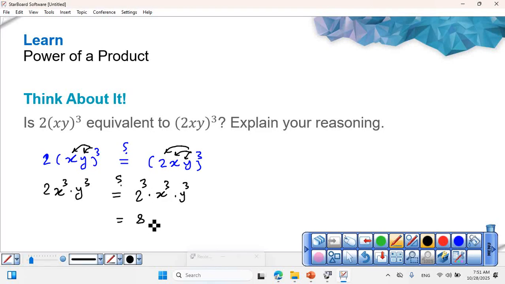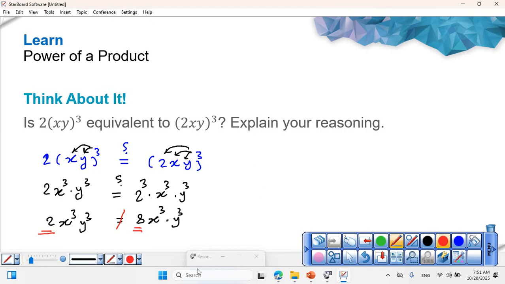This is 8x to the power 3 times y to the power 3. The first side here, 2x to the power 3, y to the power 3. I think it's not the same, isn't equal. Why? Because we have 8 here, but we have 2 here. 2 isn't equal to 8. This is the reason, okay?